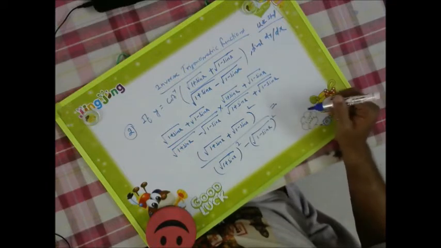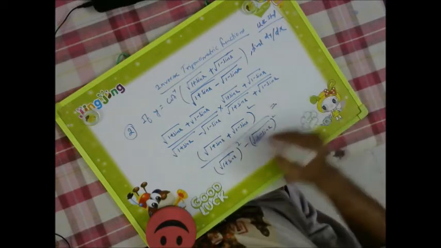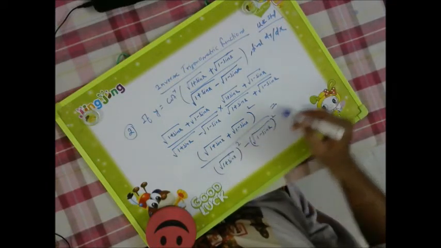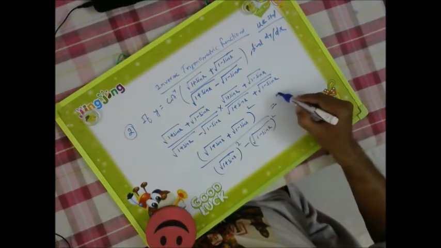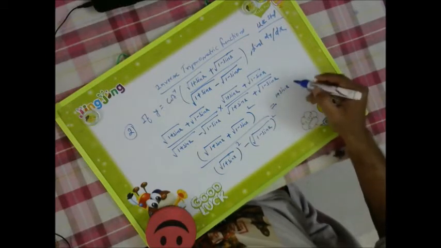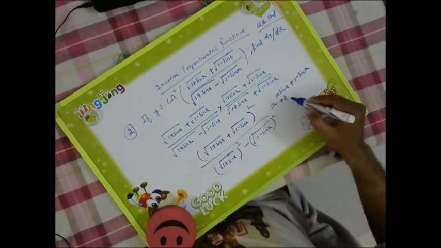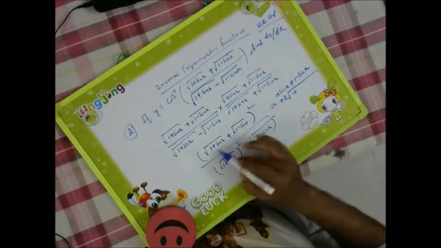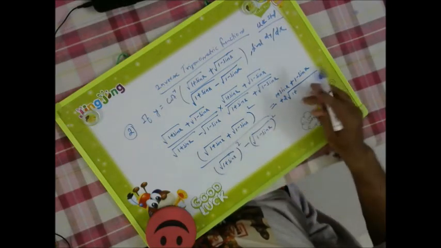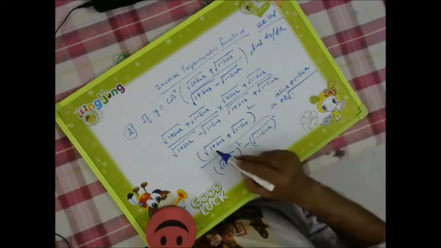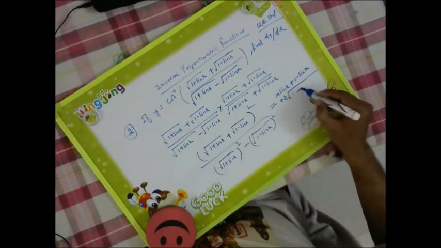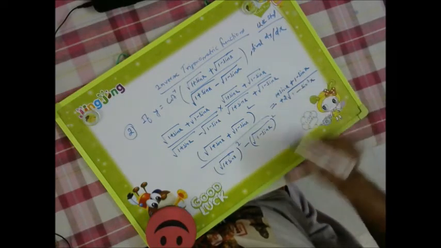Then here, if we are going for expansion, so a square plus b square plus 2ab, so 1 plus sin x, then plus 1 minus sin x, then plus 2 into, here, 1 plus sin x into 1 minus sin x will come here. Okay, so this one will become again (a plus b) into (a minus b), so 1 minus sin square x.